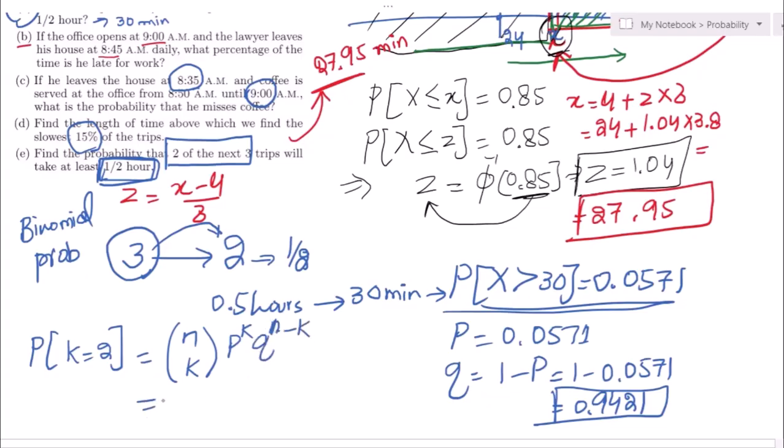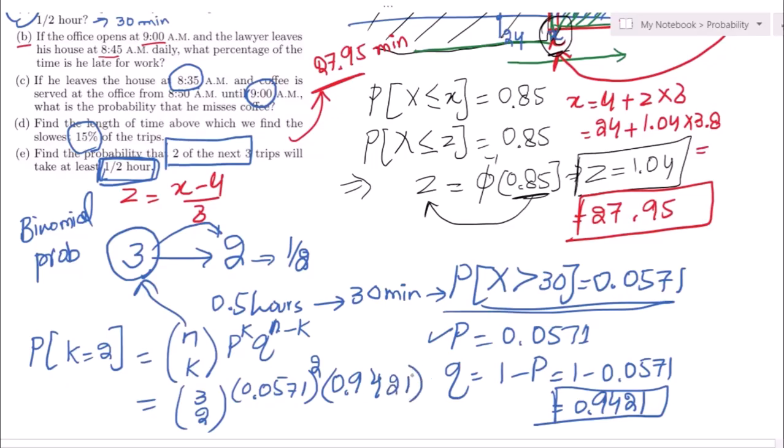Writing these values, the value of n is 3, the value of k is 2. So 3 choose 2, the probability value is 0.0571 raised to the power 2, and q is 0.9429 raised to the power n minus k, which is 3 minus 2, and that is 1.